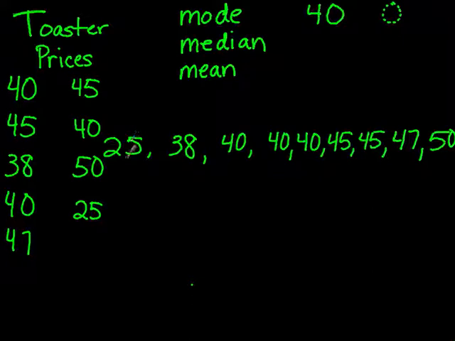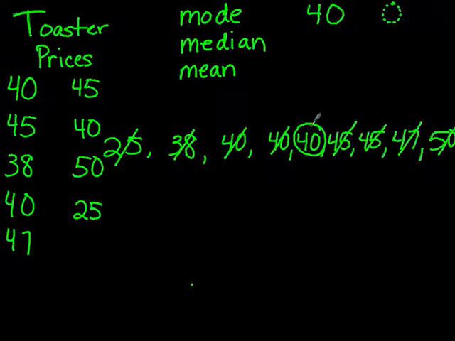Once you have the numbers written from the minimum, the smallest, to the maximum, the biggest, you can start by crossing off a number on each side. So 25 and 50, 38 and 47, 40 and 45, 40 and 45, which leaves us with one number in the middle, 40.